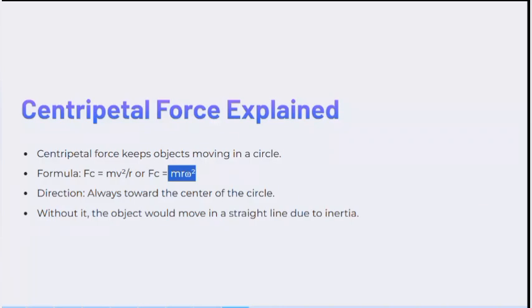This was one of the formulas used to prove that the linear velocity v is equal to r times the angular velocity. Equating them gives mv squared over r equals m r w squared.